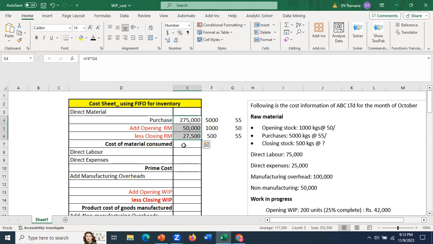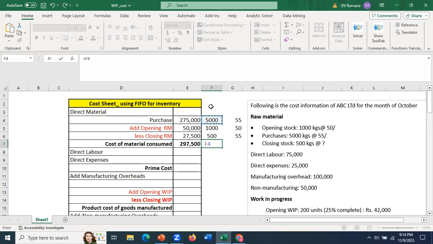So the cost of the material consumed, therefore, is the opening stock plus purchases minus closing stock. How much material did we use during the period? The quantity of raw material used during the period is opening stock plus purchases minus the closing stock. Okay?